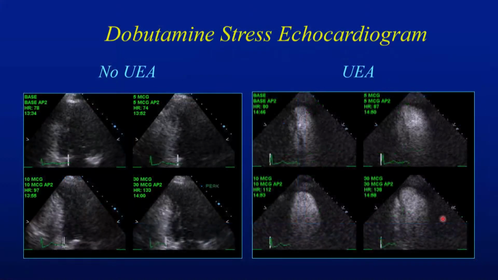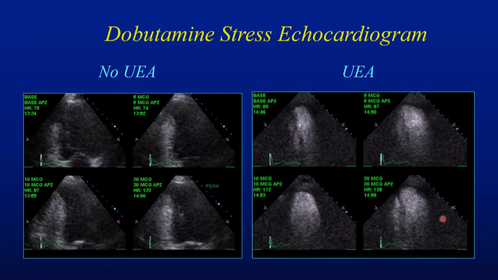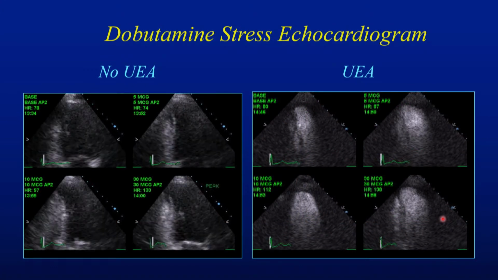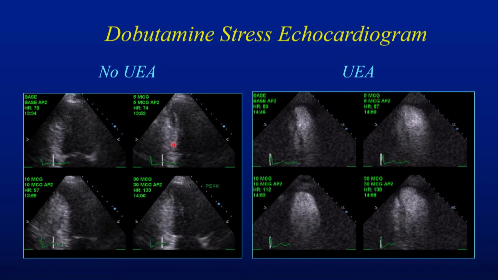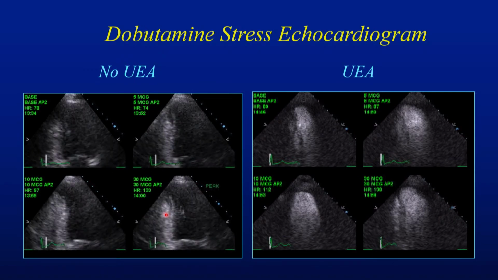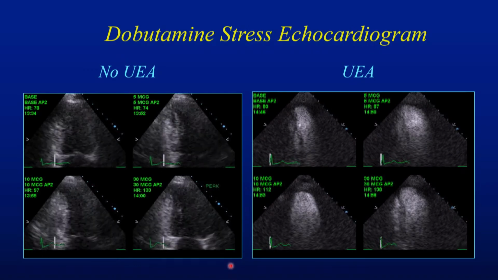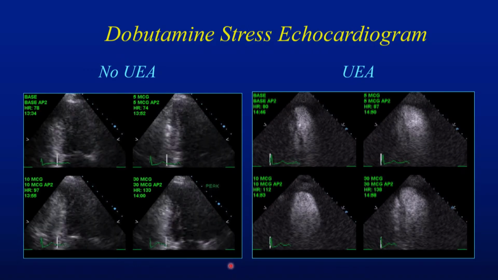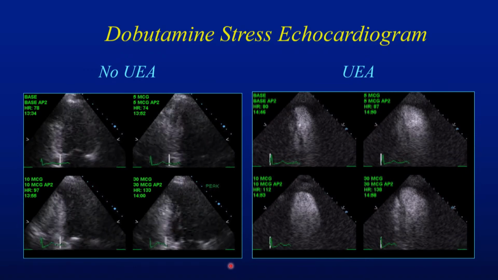So this is a patient coming in. Can you interpret this for me? This is baseline, 5 mics, 10 mics, and 30 mics of dobutamine. How are you going to interpret this patient? A difficult one.